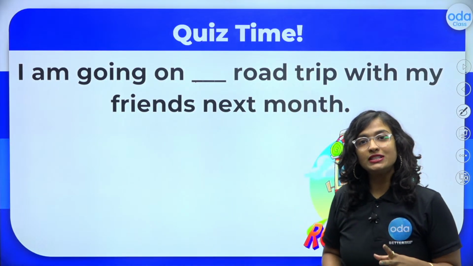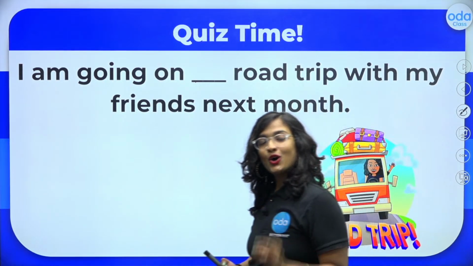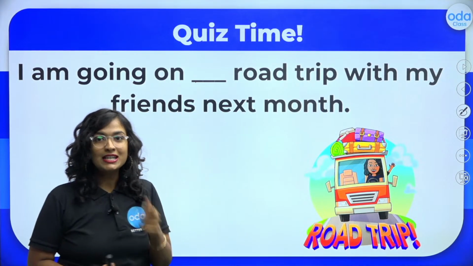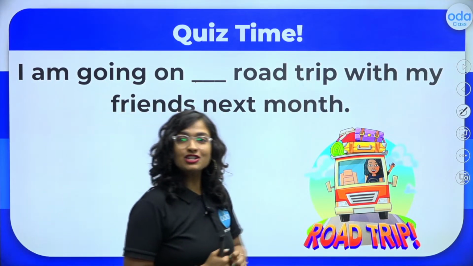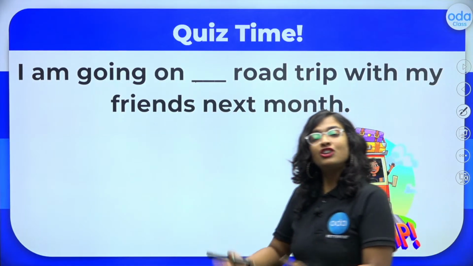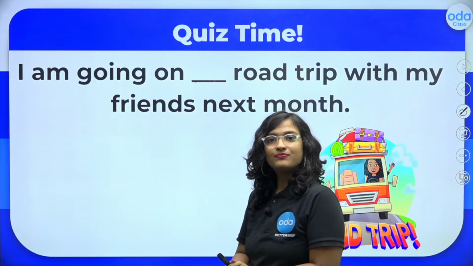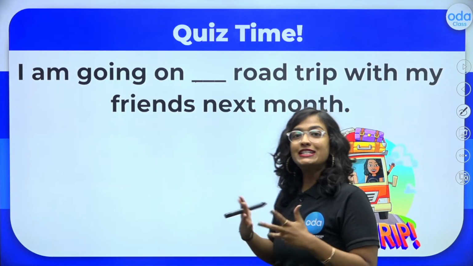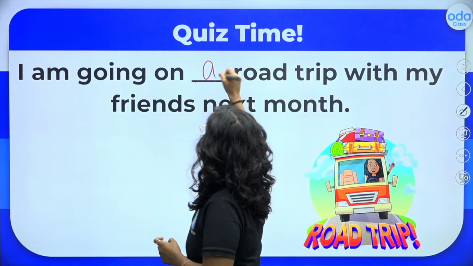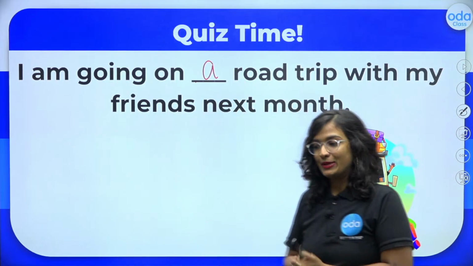What do you think, students? Is r a consonant or a vowel sound? And depending on that sound, can you tell me which article should I use here? Should I use my article a or should I use my article an? Now, r is definitely a consonant sound, which means we will use our article a.